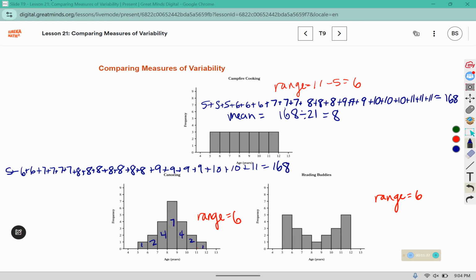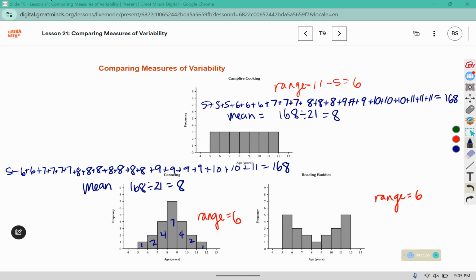If we add all those together to figure out how many data values there are, that'd be 3, 7, 14. 14 plus 4 is 18, 19, 20, 21, which is also a mean of 8.